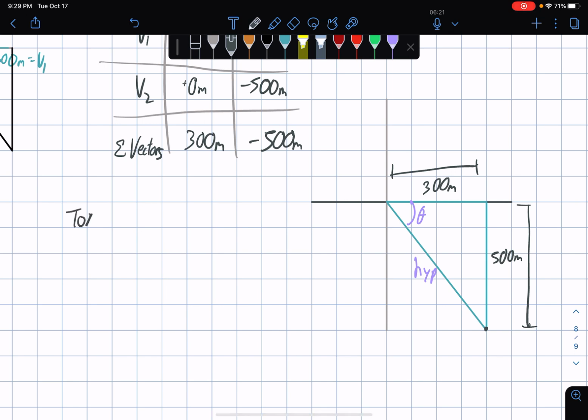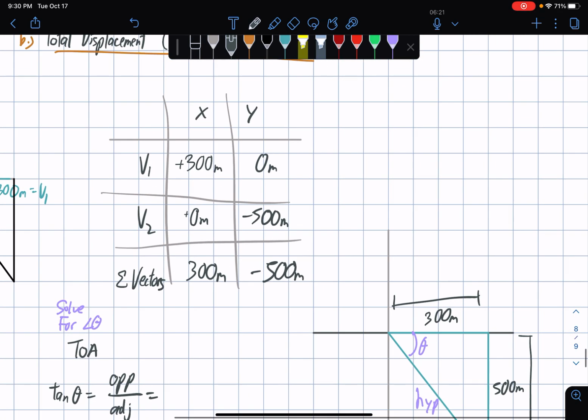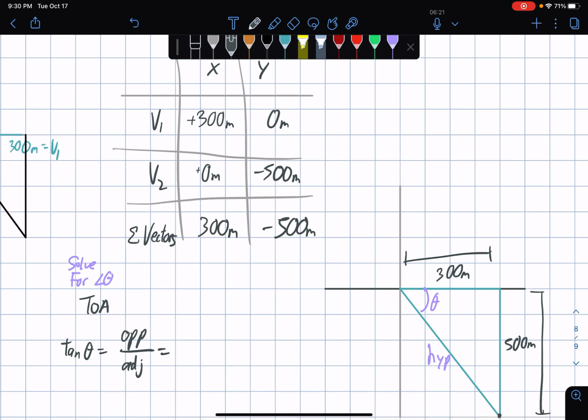Oh, yeah. We can use TOA. Opposite over adjacent is equal to, what is the opposite? 500, which is the V summation Y, and then V summation of X. So opposite over adjacent is V summation Y over V summation X, which is equal to 500 meters over 300 meters.